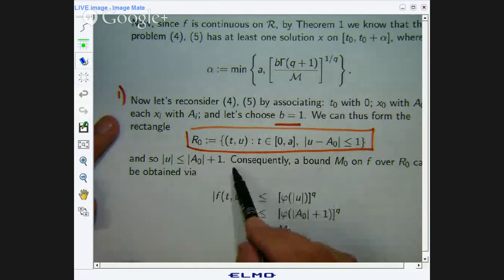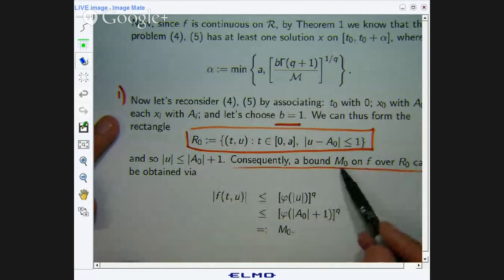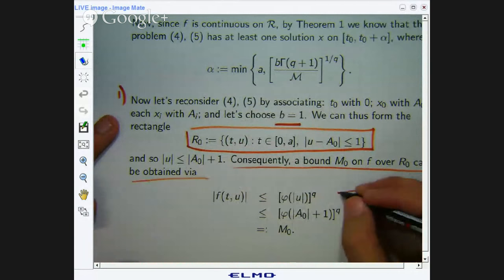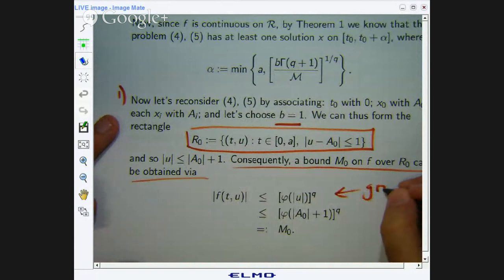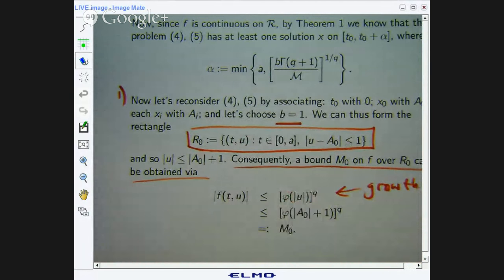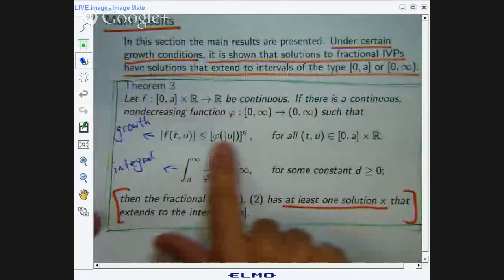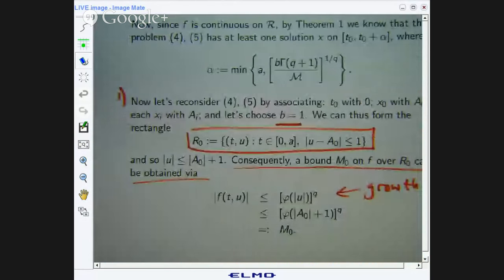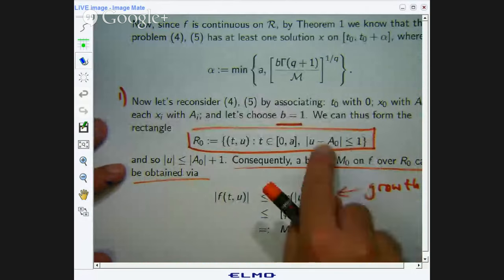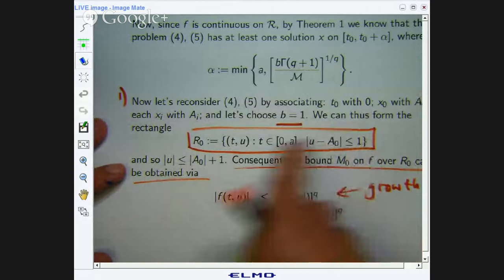We can form a bound m sub naught on f over r sub naught, obtained by the growth condition. That was one of the assumptions in our main theorem, this thing here. So this bound on u just comes from rearranging this triangle inequality.